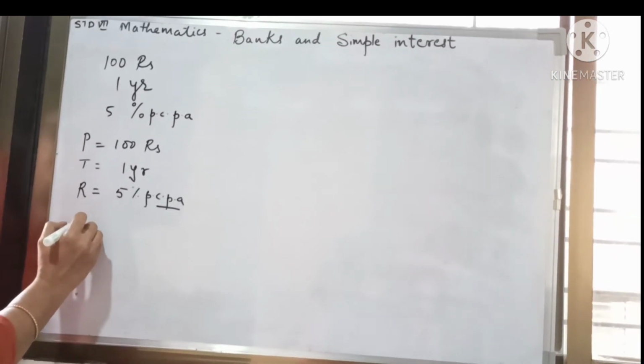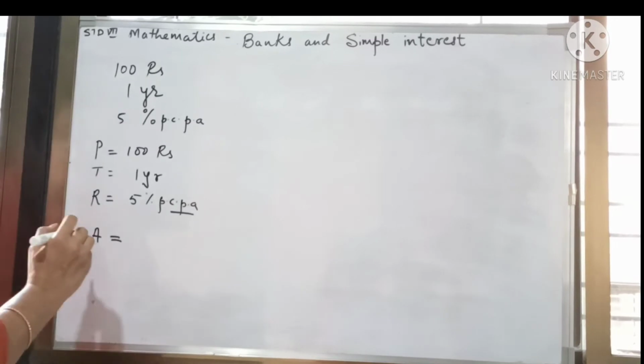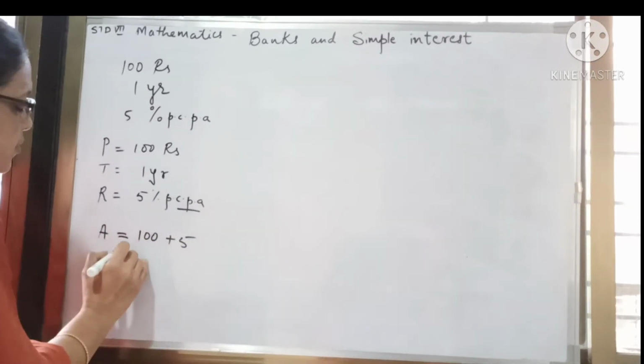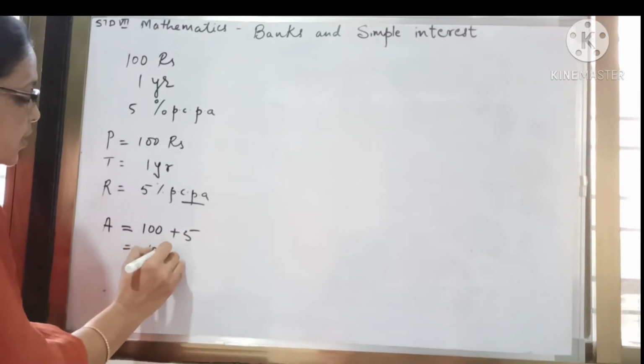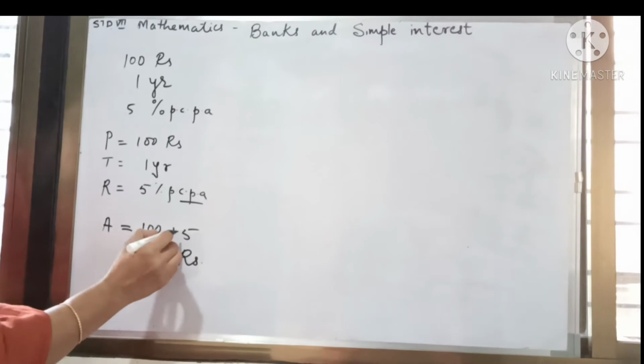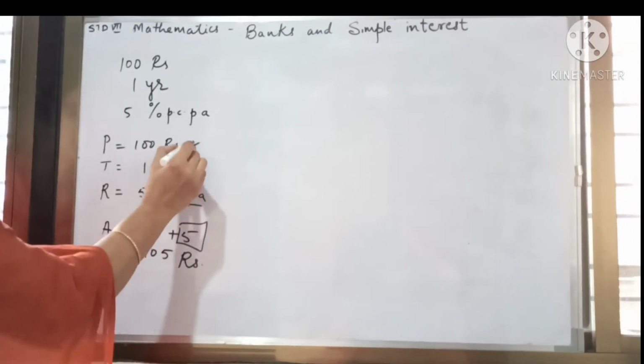So when returning back, the amount will be 100 plus 5. Means at the end of the year she will get 105 rupees. So this 5 is the interest on rupees 100.